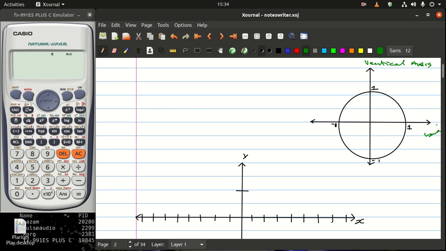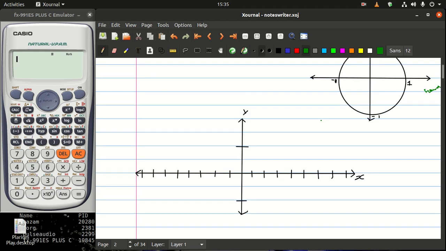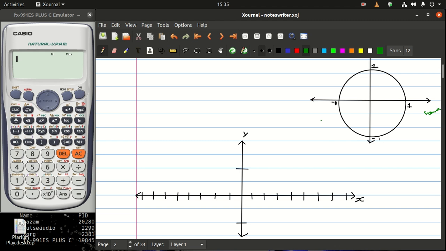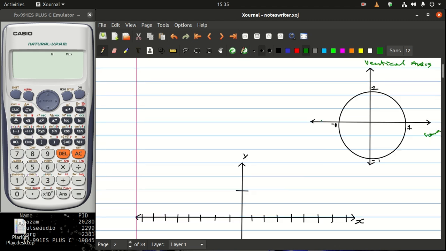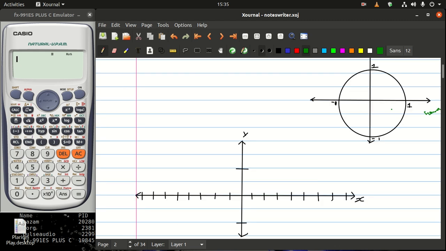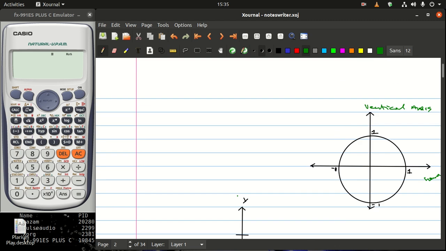And of course, as we said, we want the changing variable to be along the axis, the one we're controlling along the x-axis, and the one that is the output along the y-axis.